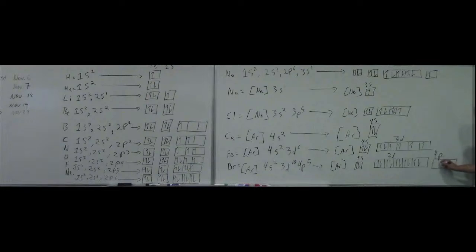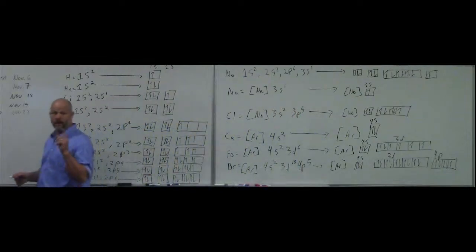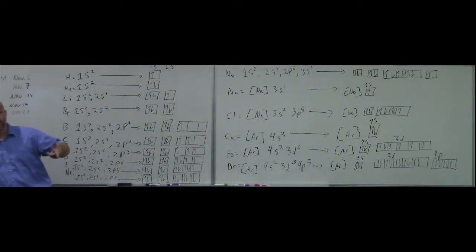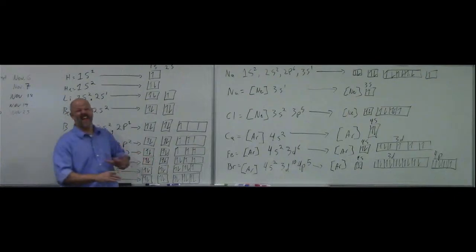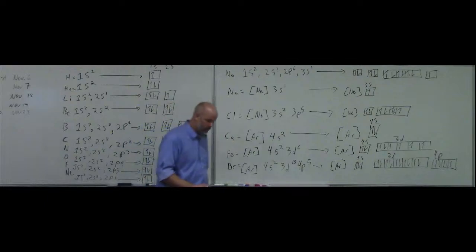Good, because P has 3 subs for the spatial orientations. And I need to put 5 in it, so I go up, up, up, down, down. If I add one more, what element do I have? Krypton, which is a noble gas, and now I'll start referencing everything from krypton, right? Good, good. Y'all are doing great.